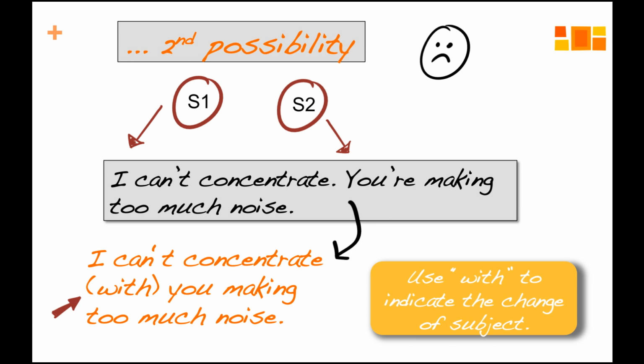And then of course you have to put in the new subject, because without that it wouldn't make sense. So you put the new subject, you, and then you have your participle clause, in this case a present participle, making too much noise.